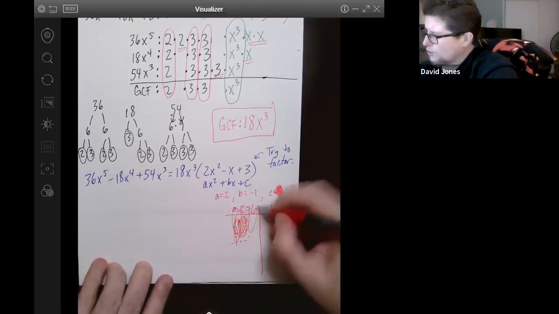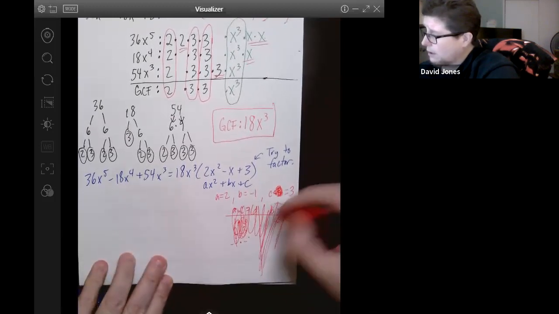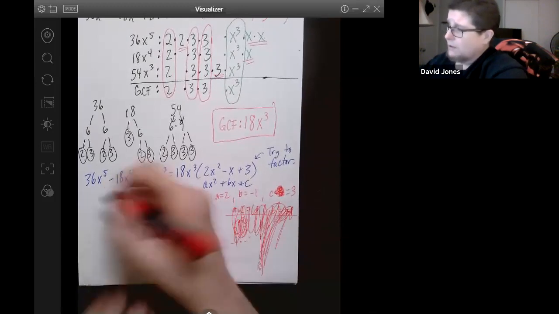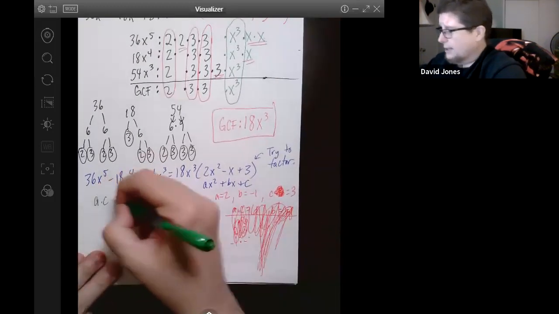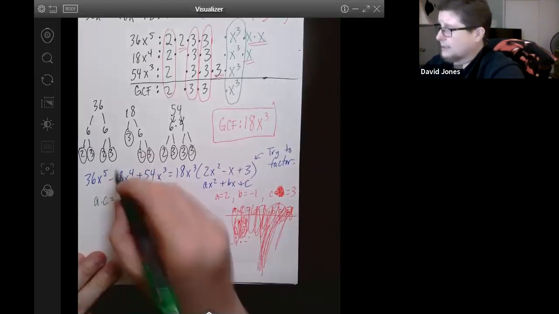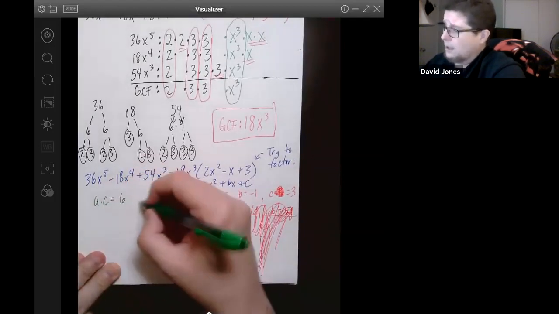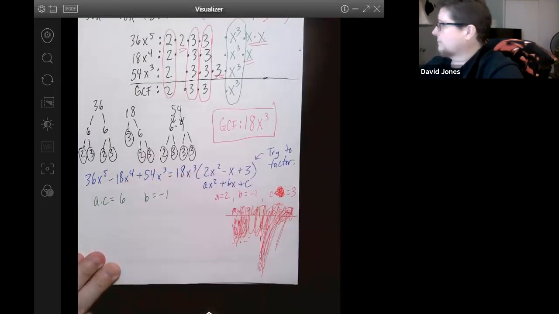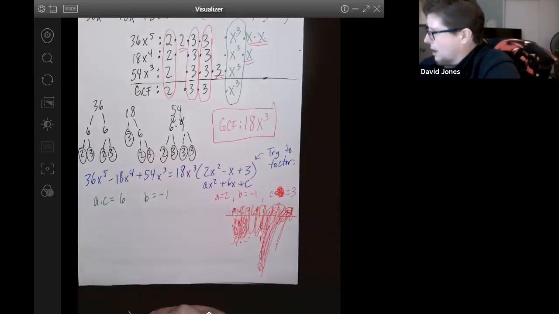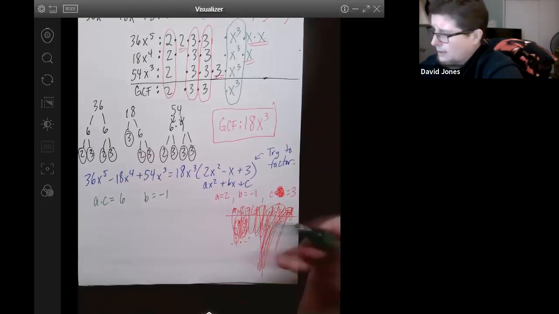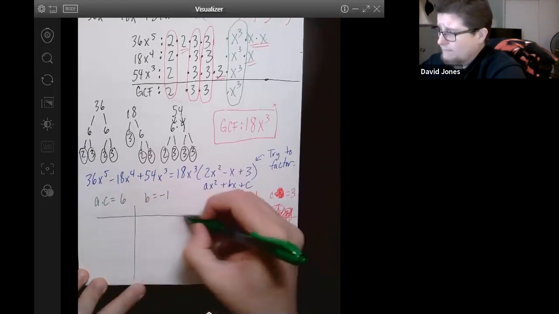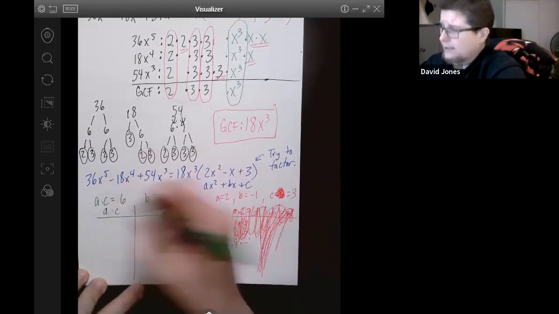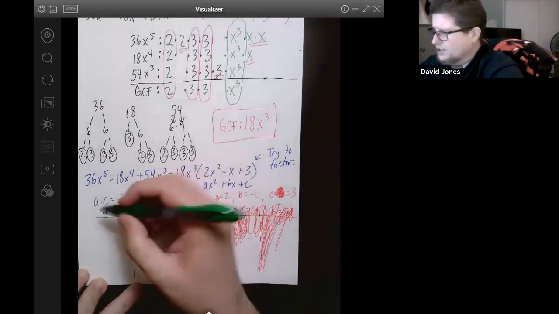Let me show you what I meant by the table, where it skips it. So a times c is 6, and b equals negative 1. Let's see. So factors that make up a times c, let's start with the lowest one.